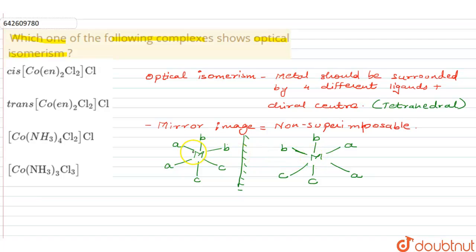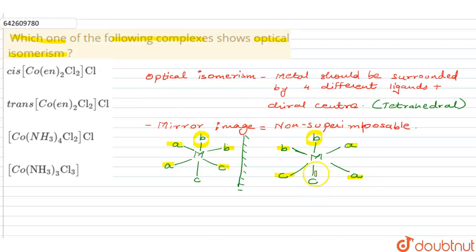On picking it up, you'll be able to see that your A ligand is being overlapped by the B ligand. The next A ligand has been overlapped by C. Then the B ligand has been overlapped by A and C is overlapped by A. B and C are totally common.